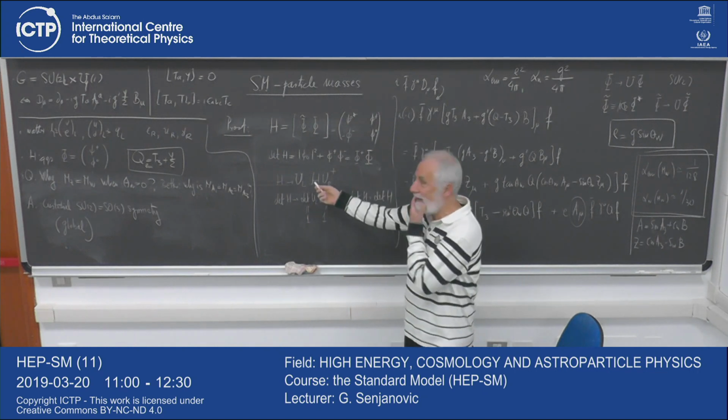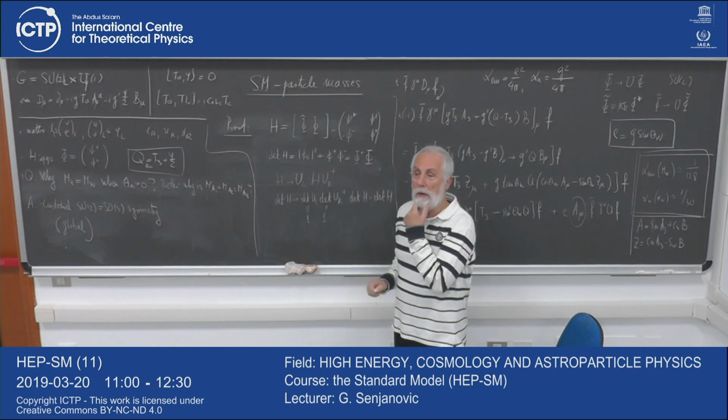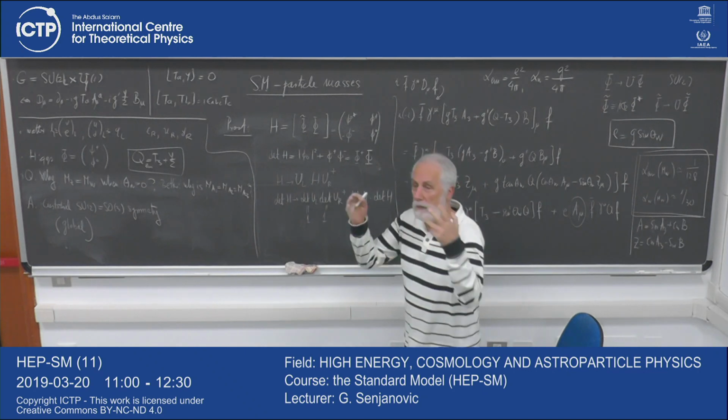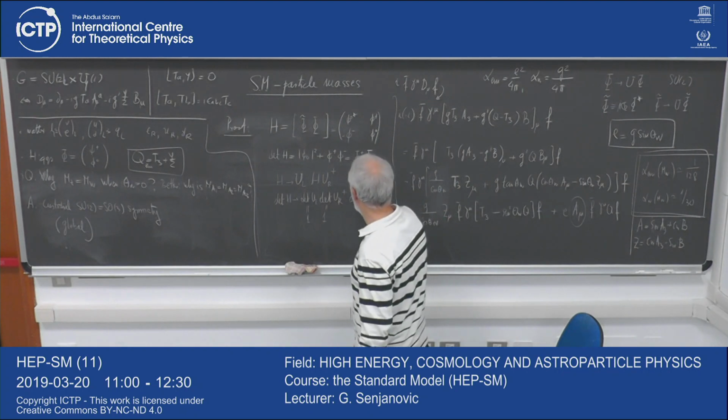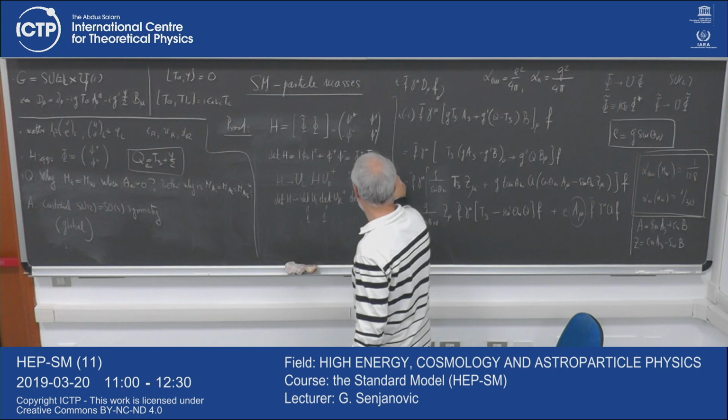In other words, the symmetry is SU2L cross SU2R, not U2L, both are SU2, determinant 1. So this is SU2L cross SU2R global symmetry.